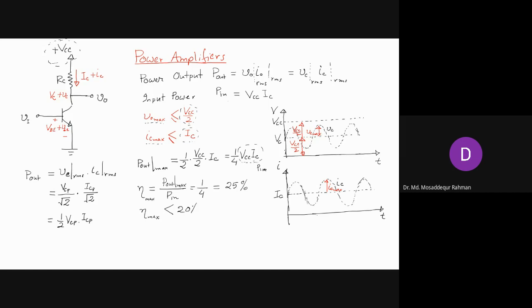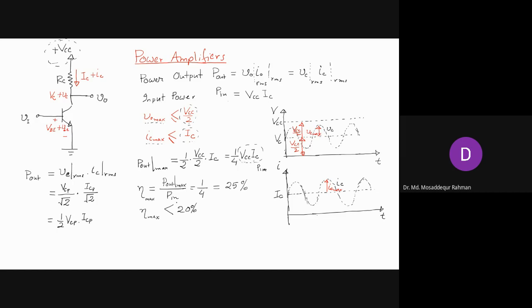Right? So that is what you can achieve with our regular amplifiers, the maximum efficiency only about 20%. So you see that 80% of the power that is supplied to the amplifier is actually wasted, right?